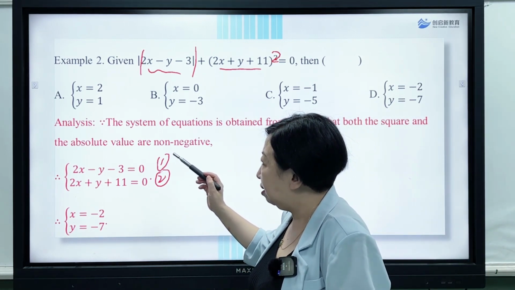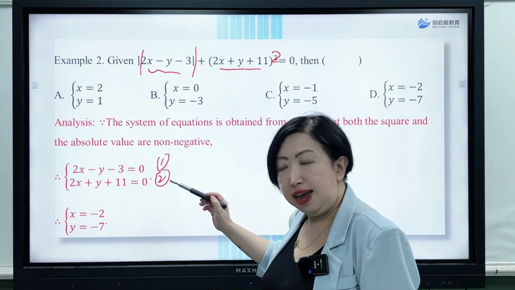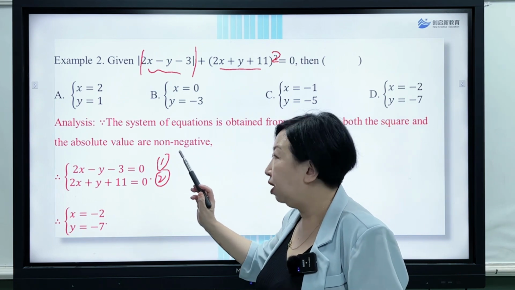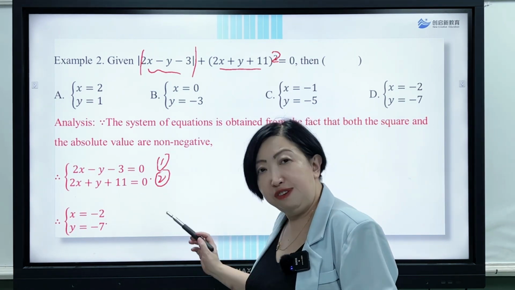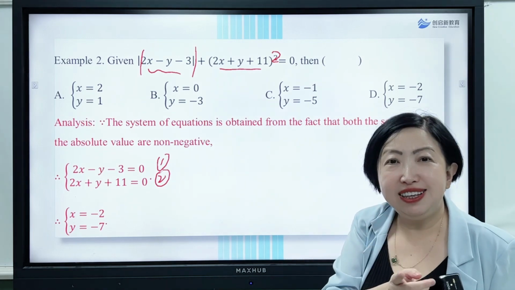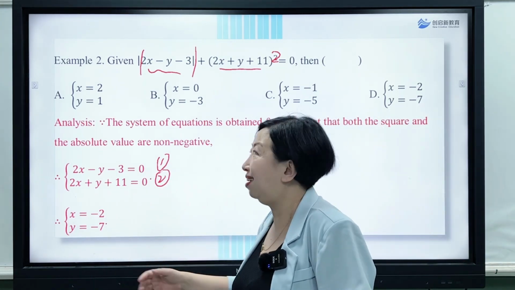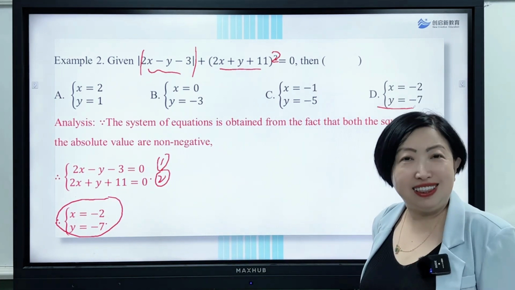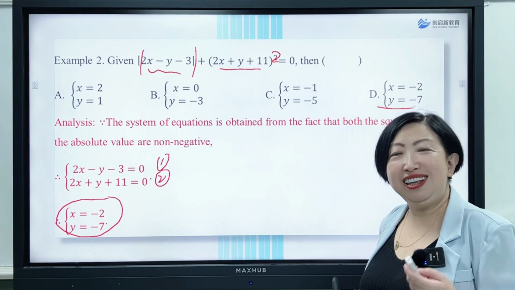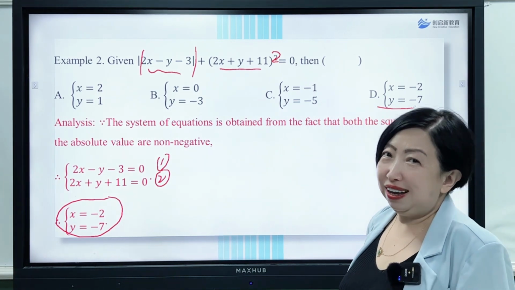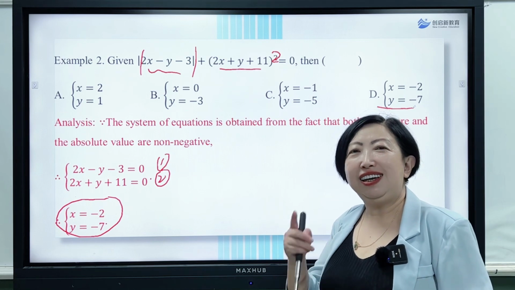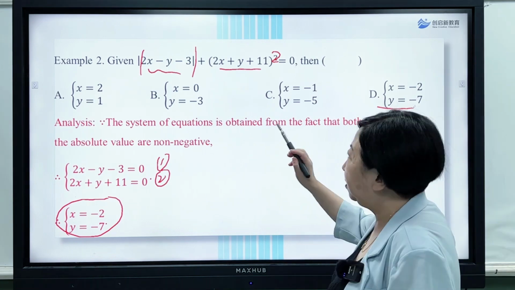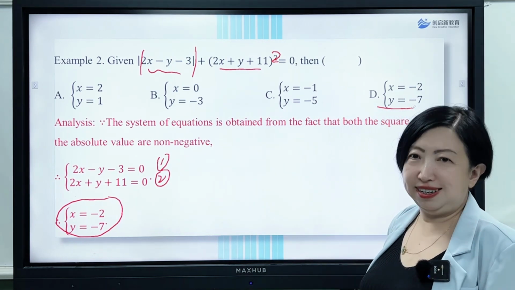Or we can use the first line minus the second, and we get negative 2y is 14, so y equals negative 7. So we can choose D. It is easy, but it's very important: the addition and subtraction method or the substitution method.